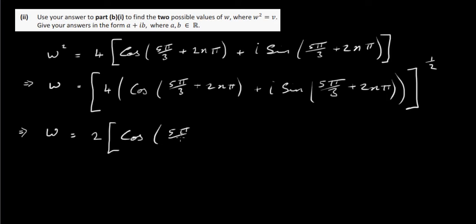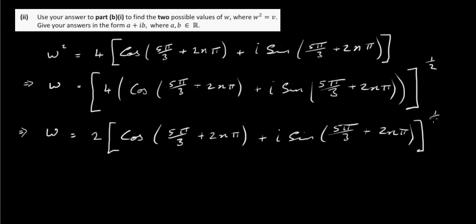When you've done a few of these, you can just do this in your head, but I'll just write it out: cos 5 pi over 3 plus 2n pi, plus i sine 5 pi over 3 plus 2n pi. All I've done in this line is square root the 4 to give us 2. So I've now got to get the square root of this bracket here. So let's do that.